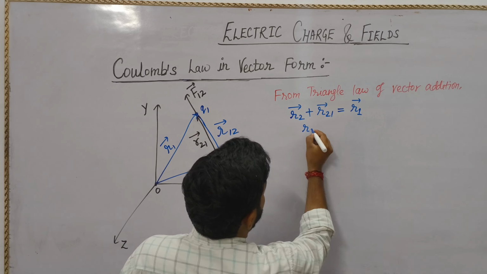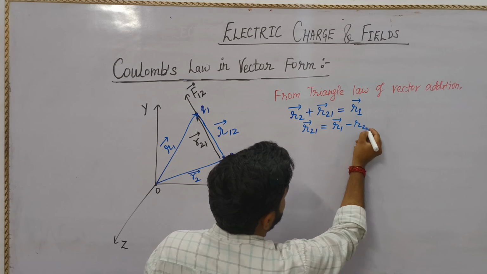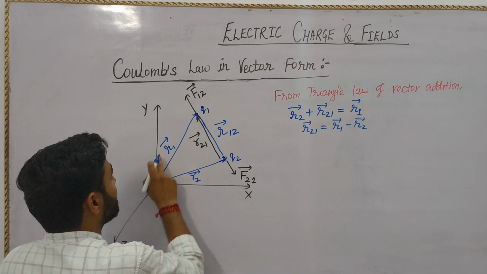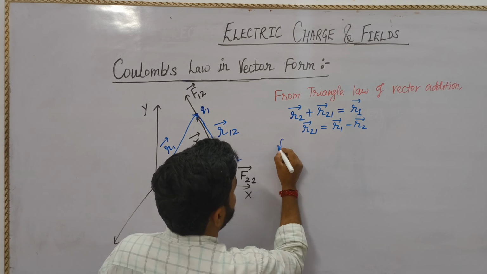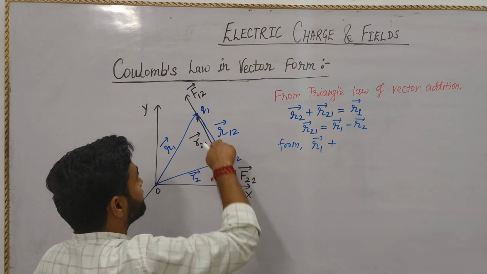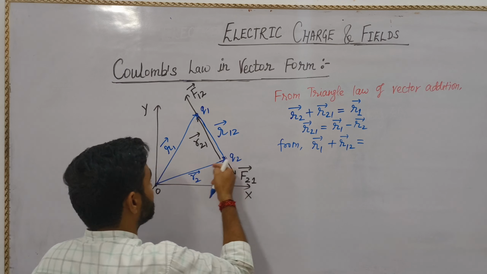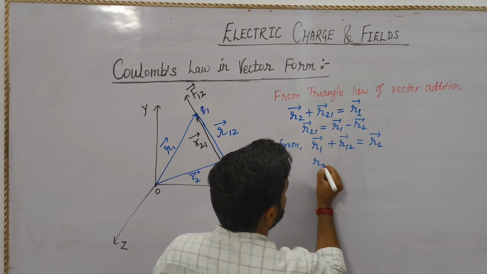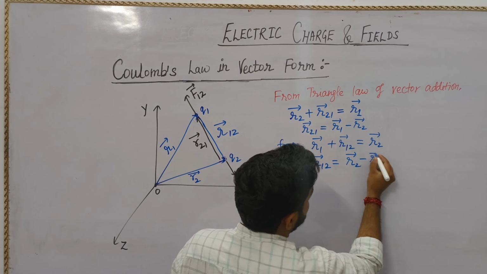Now here R21 vector is equal to R1 vector minus R2 vector. Similarly, if we write from R1 vector, R1 vector plus R12 vector is equal to the resultant R2 vector. So we can write R12 vector equal to R2 vector minus R1 vector.